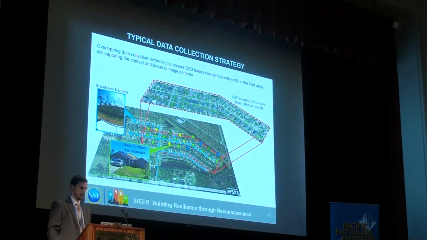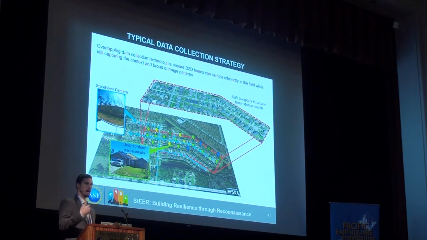So a typical data collection strategy for us involves these overlapping technologies. For example, if we take a neighborhood here, this was in Hurricane Michael, we may be doing all three of these in the same area. We've identified a cluster. In this case, it was a mix of post-code improved to pre-code improved buildings, and we want to compare performance.